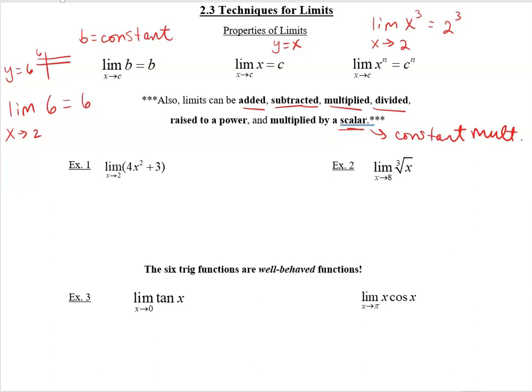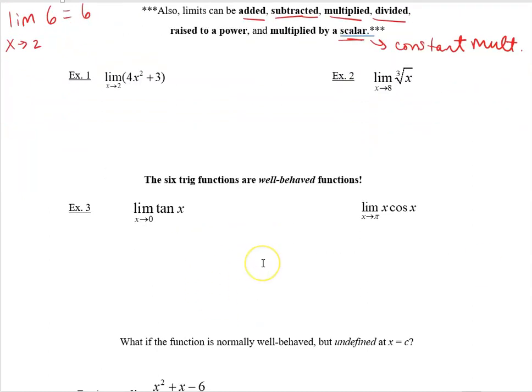Let's do some examples. So number 1, it says to evaluate the limit of the function 4x squared plus 3 as x approaches 2. So these properties here tell us that I can break this up and I can write this, for example, as the limit as x approaches 2 of 4x squared plus the limit as x approaches 2 of just the constant function 3.